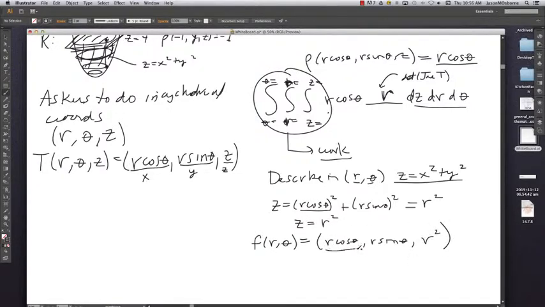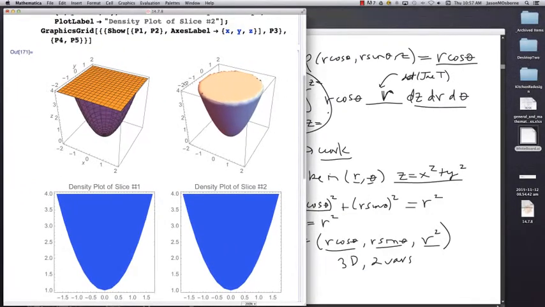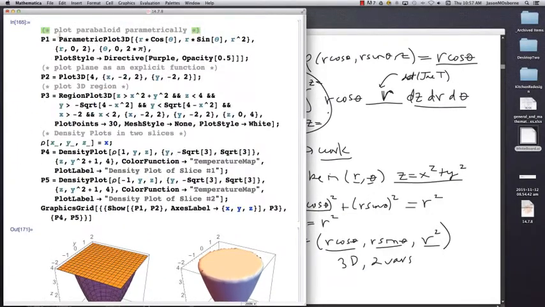And you now have a function in 3D, but it has only two variables. And that is the ideal candidate for a parametric plot 3D, which is exactly what I did here in this code. I did a parametric plot 3D, r cosine theta, r sine theta, r squared.